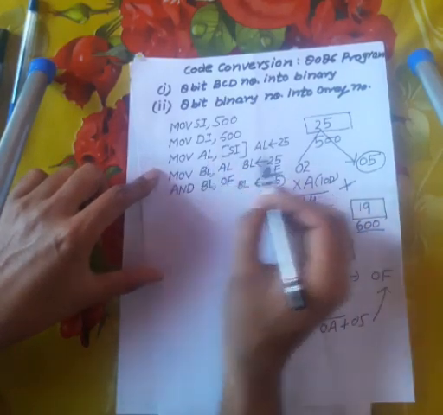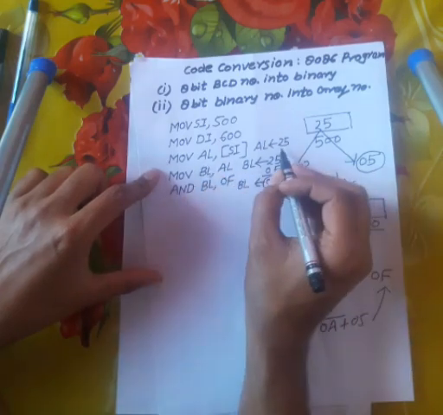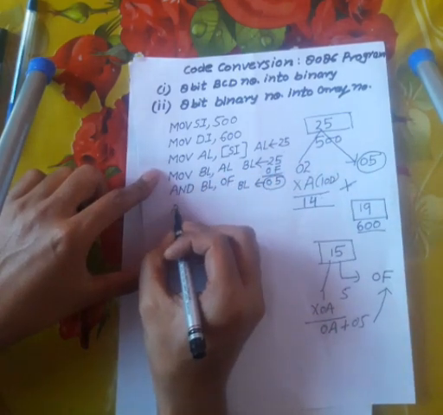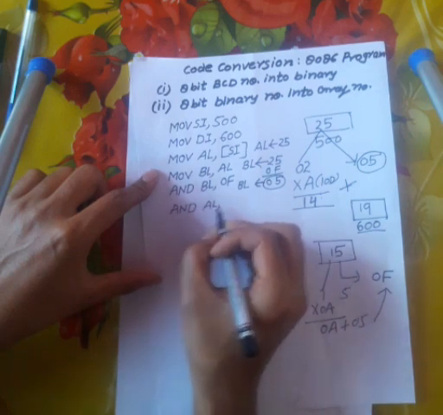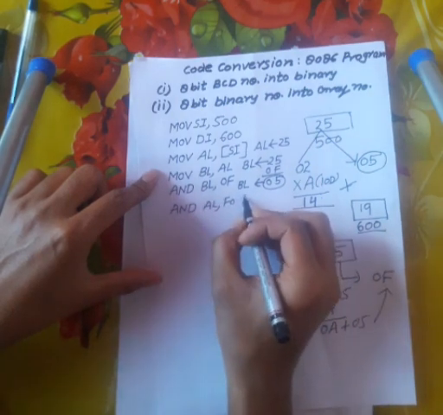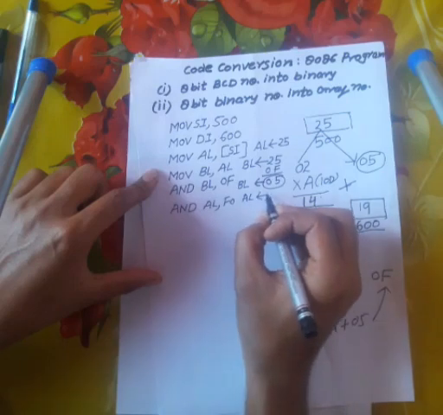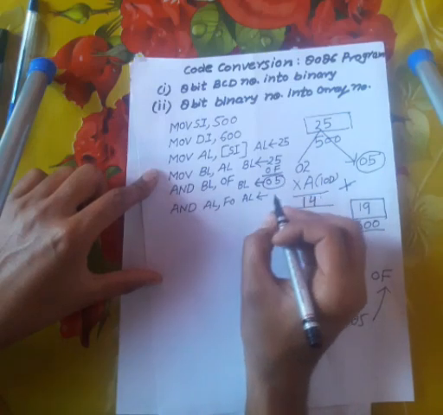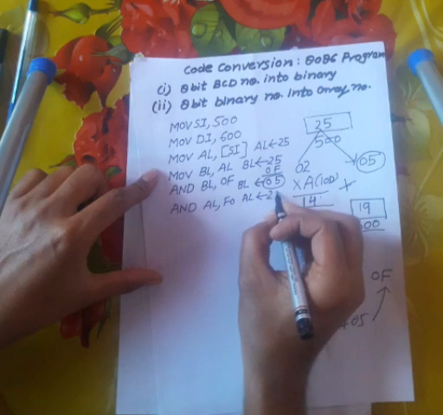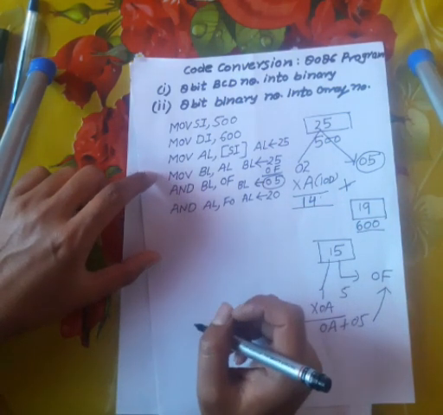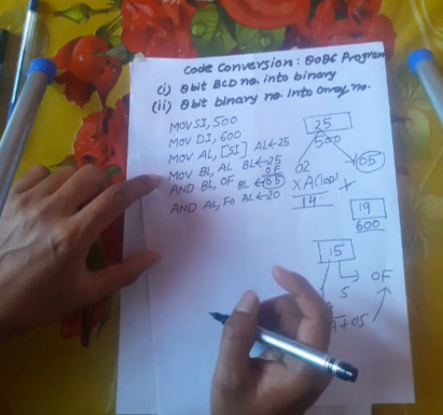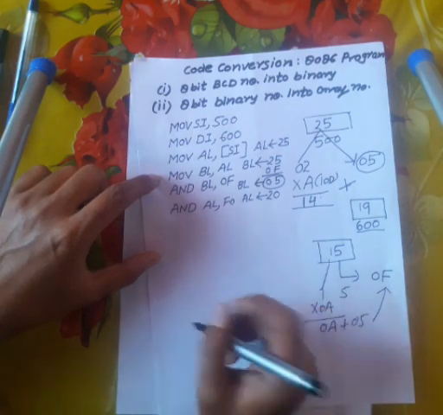Now move AL equal to 25, perform AND operation, AND AL comma F0. Now what is the value of AL? AL is 25 AND F0, it is 20. You know, in AND operation, if both inputs are high, output is high, otherwise low.